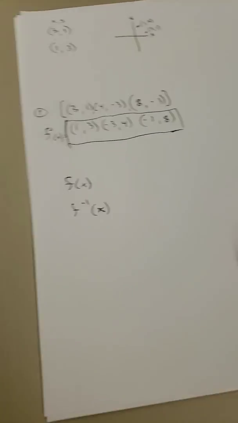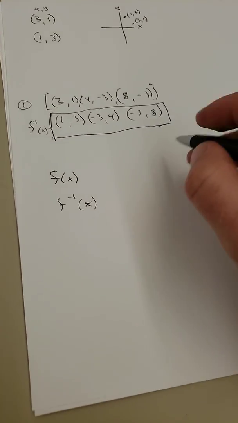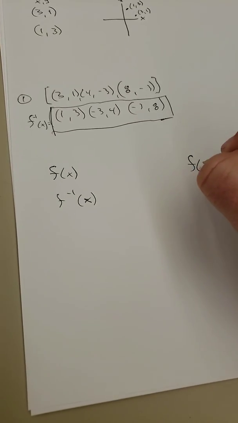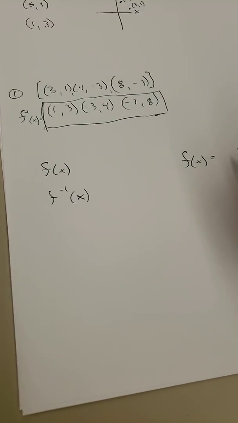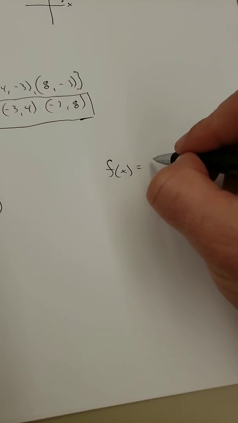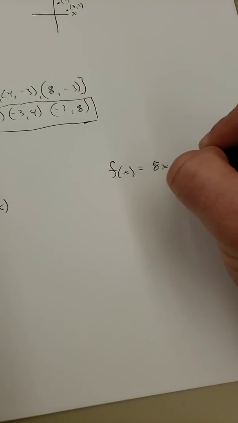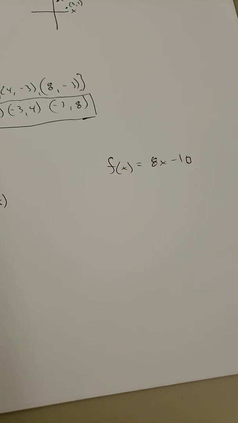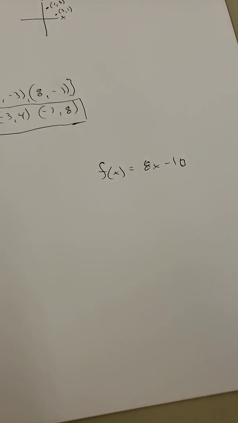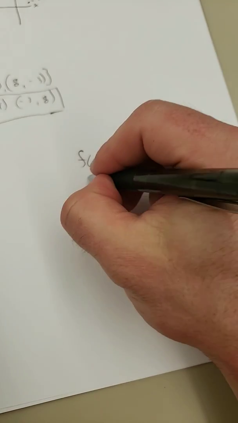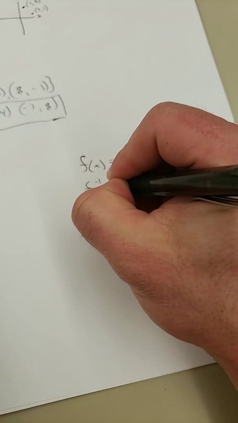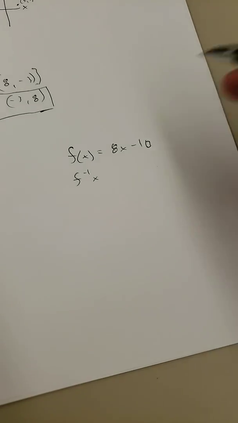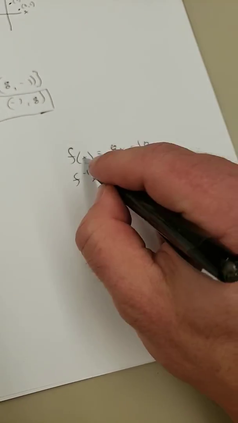Now, let's say that we have a whole equation. f(x) = 8x - 10. If I wanted the inverse of that function, again, we're going to switch the x and the y.